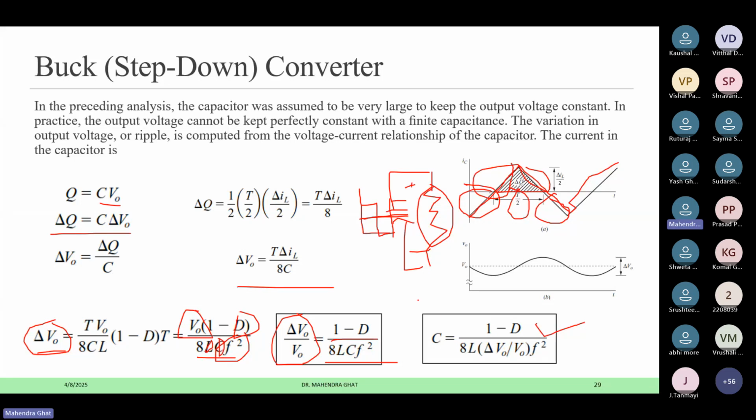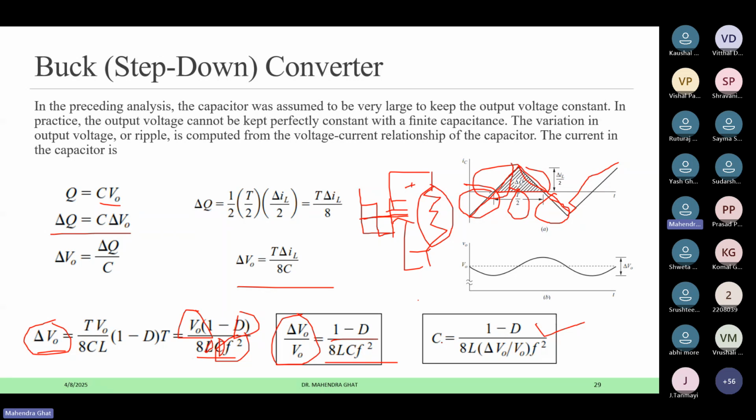So depending on the inductor ripple, we will choose the inductor. Depending on the voltage ripple, we will choose the capacitor. Once we choose the inductor and frequency, we will choose the capacitor. Once these components get finalized, then we will go for the stress of the devices, all devices, that is the switching, meaning the controlled switch and the diode.